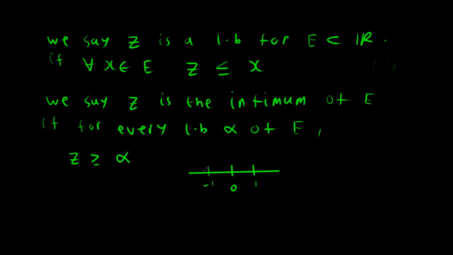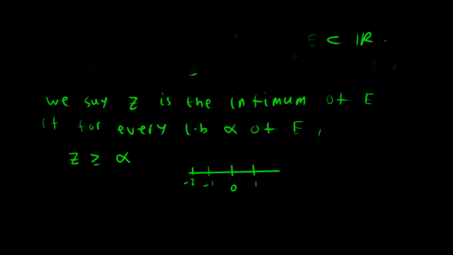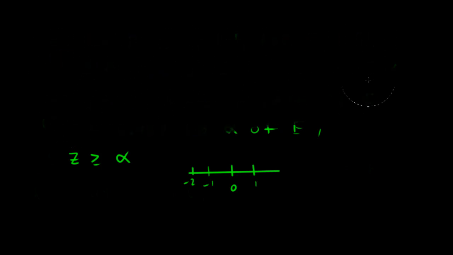Because -1 is a lower bound, because everything in between here is going to be bigger than or equal to -1, and -1 is the largest possible lower bound, because if we start going down here, looking at -2, then it's going to be smaller, because we're going more negative now. So -1 is the infimum. The infimum is just the greatest lower bound, the largest possible lower bound.